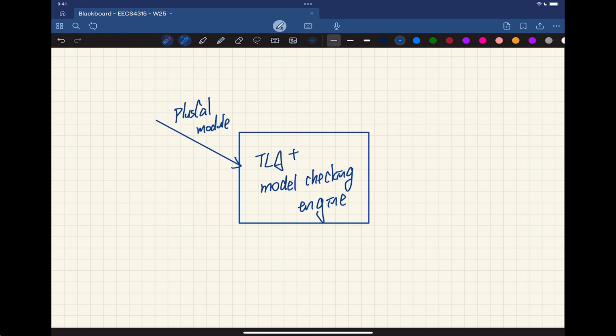The module is not directly checkable. You somehow have to translate it into a TLA state machine. If you don't know what I'm talking about, that means you haven't really reached that far in lab number one. All right, just remember what I said here. But for here, let's say we give the module to the engine, but another input is the properties we want to check.